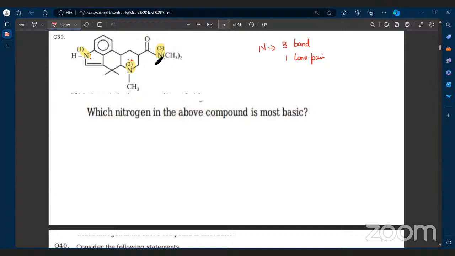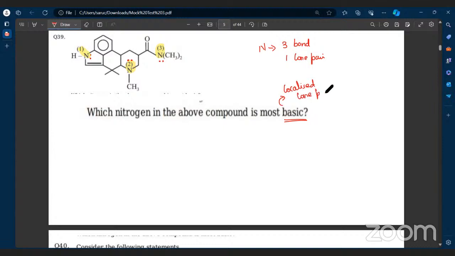Now, basic compounds are the ones which act as an electron donor, so it should contain a lone pair present on the nitrogen atom itself.